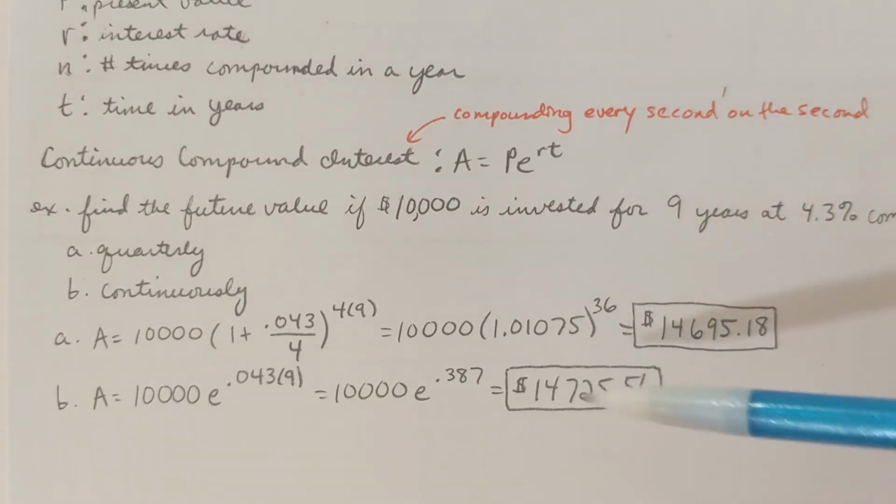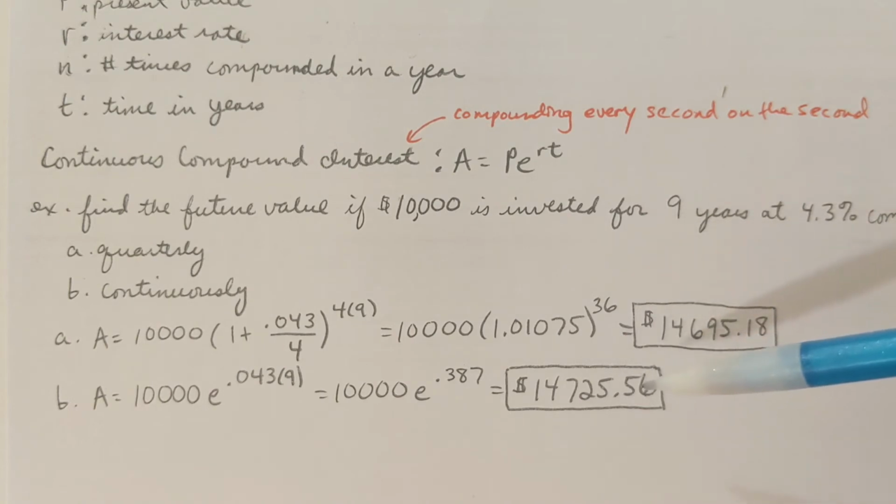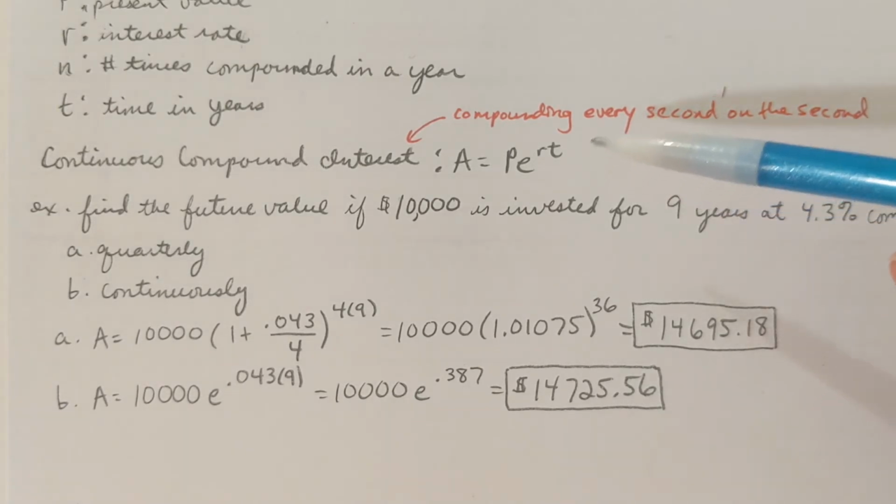Now what that means is that it's compounding every second on the second. And when you compound continuously, you're always going to find the max amount of dollars at the end, compared to if you're only compounding 4 times in the year or 12 times in the year, etc. Now I have to be honest, I have never seen a bank offer a compounding continuously option.